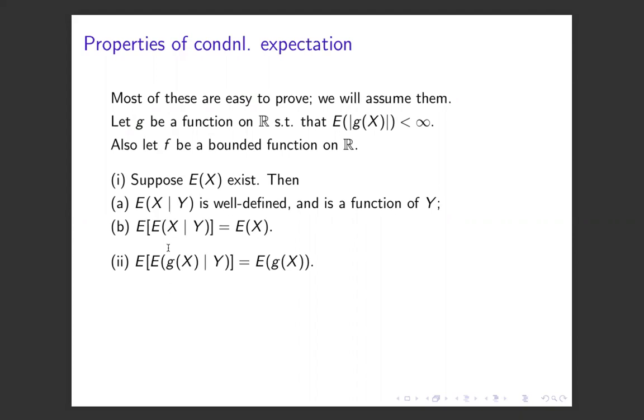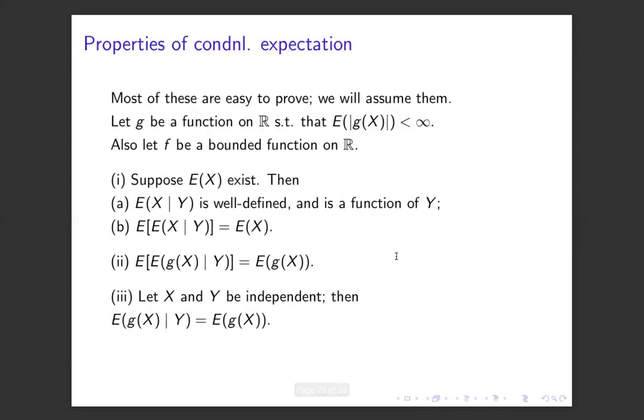Similarly, instead of X, you have g(X). So g(X) is integrable, and by the first property you know that the conditional expectation of g(X) given Y exists, and subject to this property, you get this one. Suppose X and Y are independent random variables.